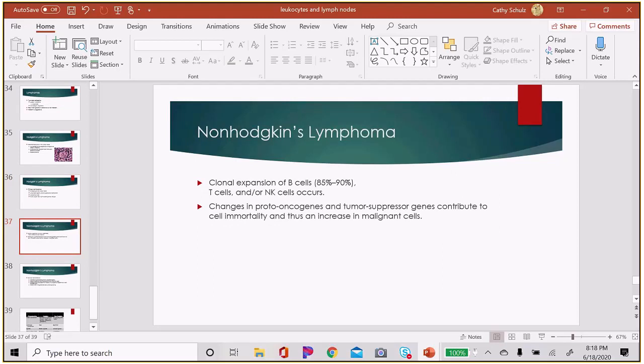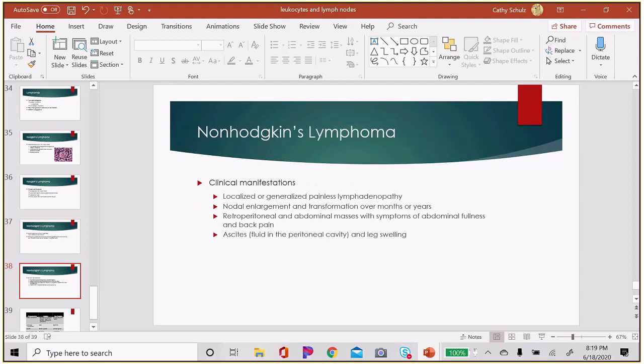Whereas non-Hodgkin's lymphoma is not only related to the B lymphocytes, it could be related to B lymphocytes, T lymphocytes, or natural killer lymphocytes. That's how it's classified, which clone of lymphocytes is growing excessively. And it is also related to some kind of either genetic issue or some cancer initiator.